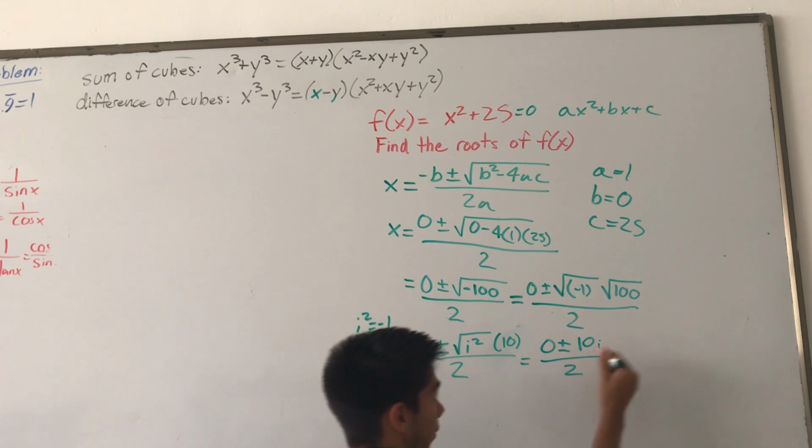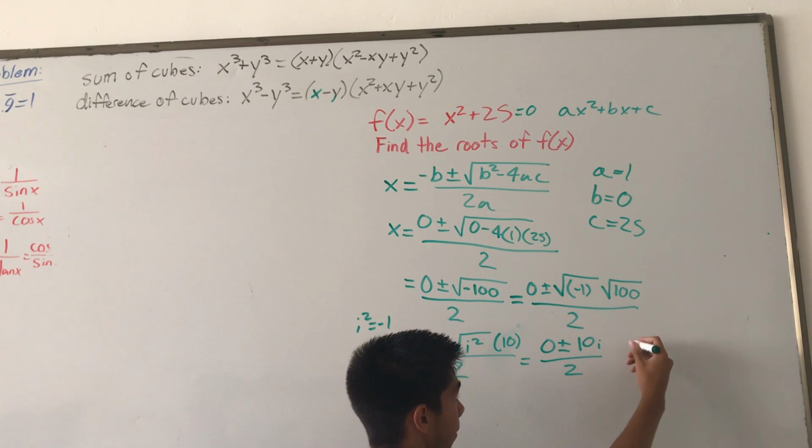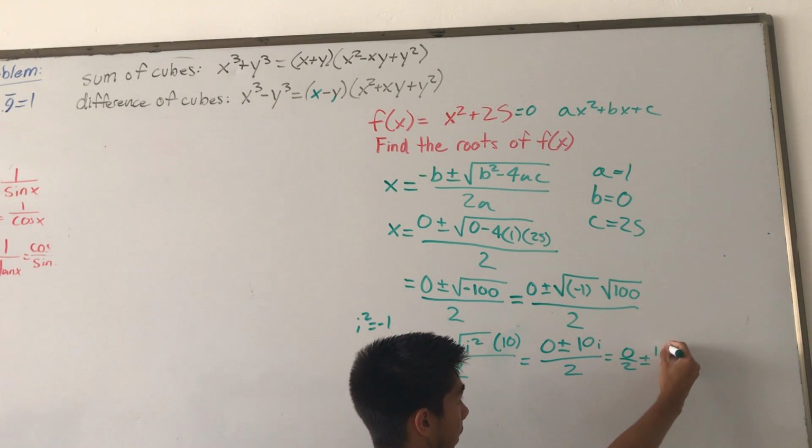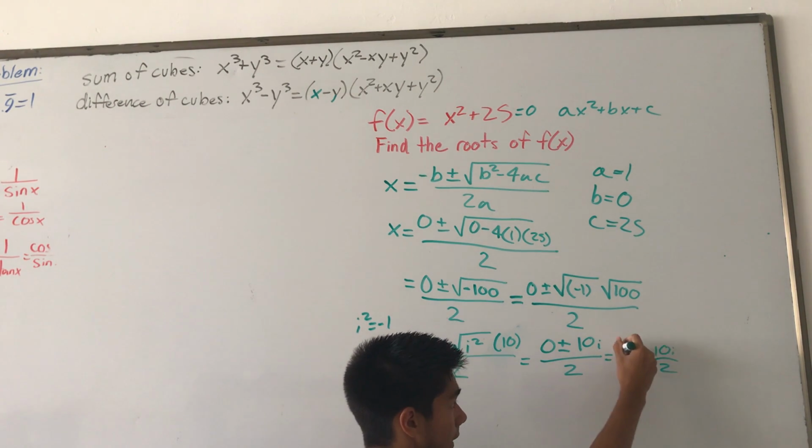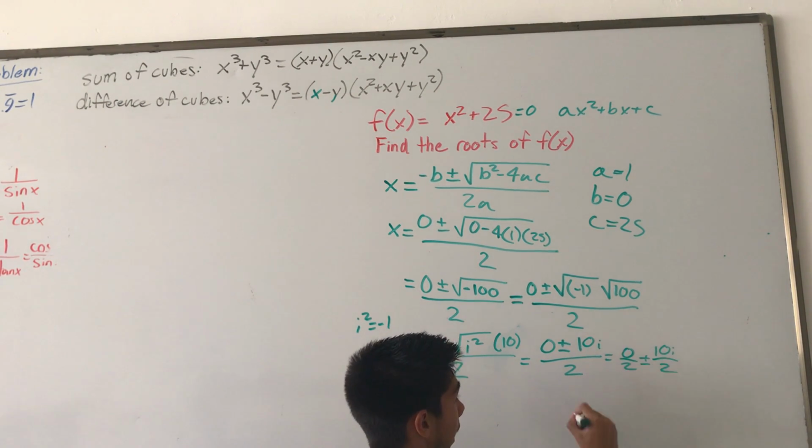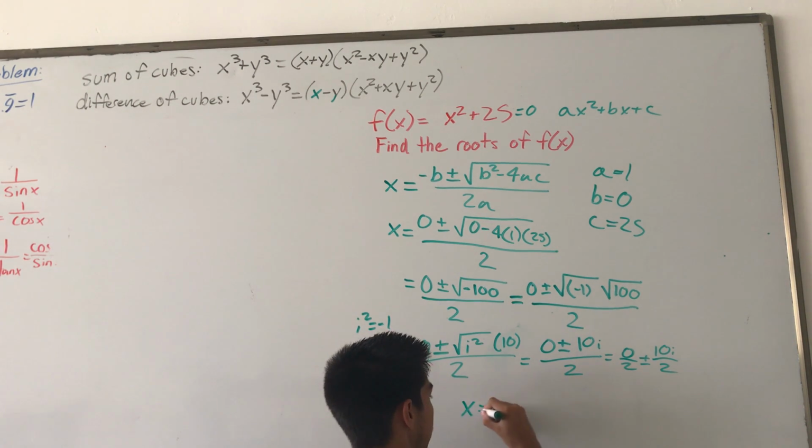And so now, technically it's 0 divided by 2 plus or minus 10i over 2. This is 0, so it goes away. And our final answer is x equals plus or minus 5i.